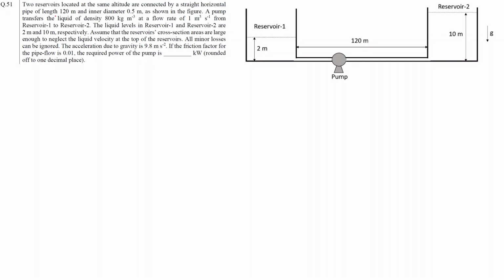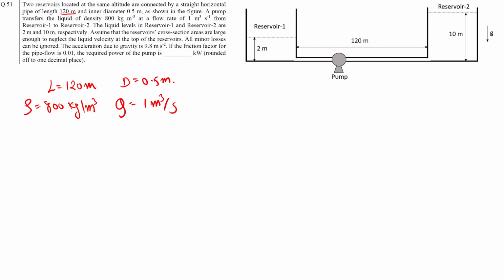So over here we have been given the length of the pipe, that is, length is equal to 120 meter. The inner diameter of the pipe, let's call it D, is 0.5 meter. The density of the fluid rho is 800 kg per meter cube. The volumetric flow rate is 1 meter cube per second.